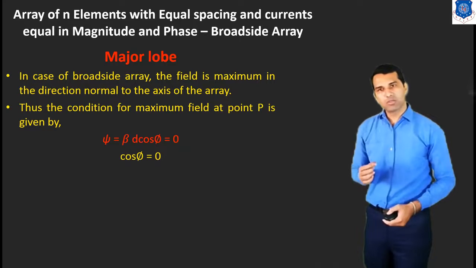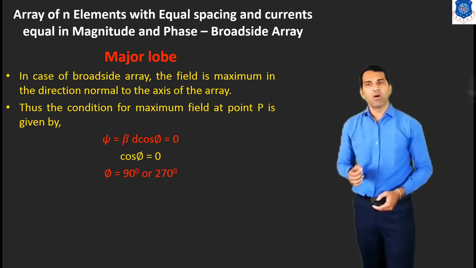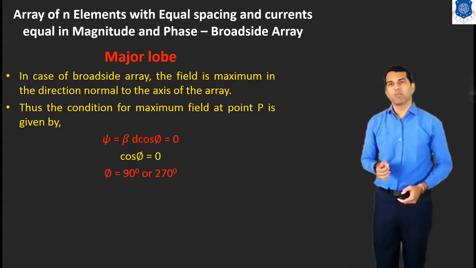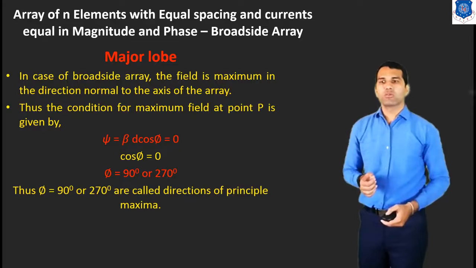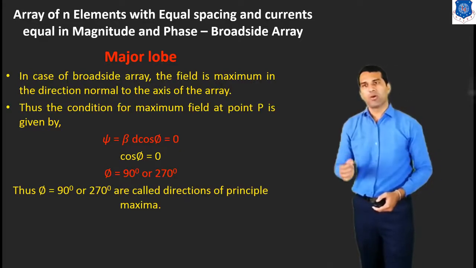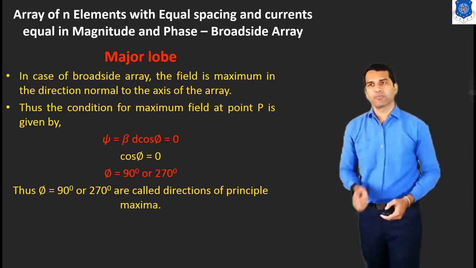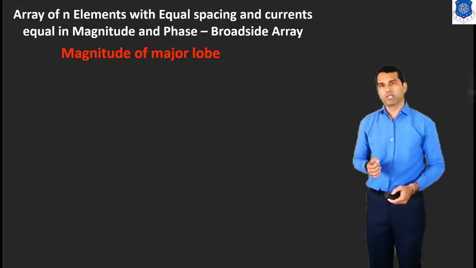So cos phi is equal to 0, so phi is equal to 90 degrees or 270 degrees for the maxima. Thus phi equal to 90 degrees or 270 degrees are called the directions of principal maxima for this broadside array.